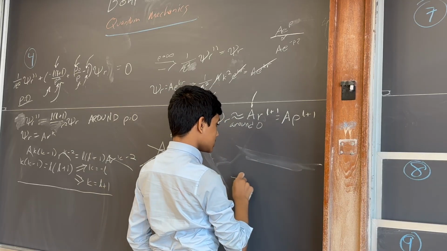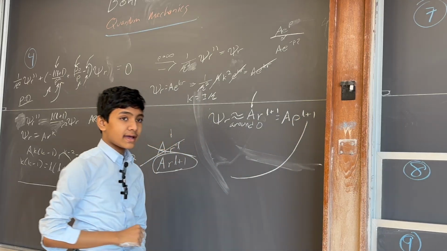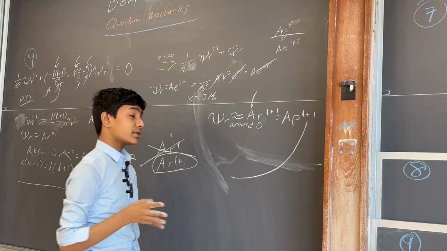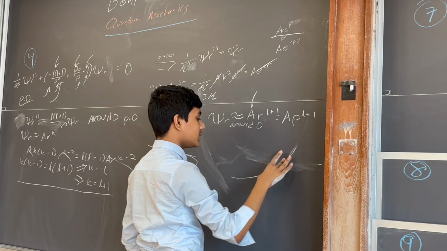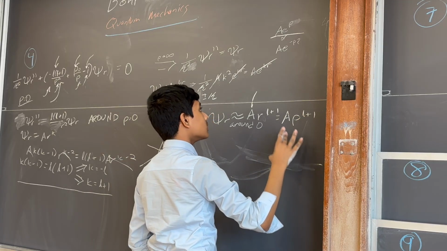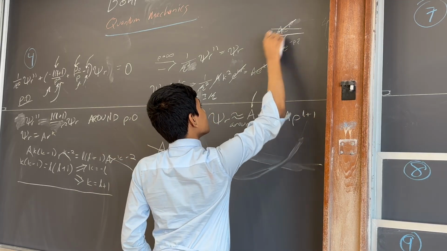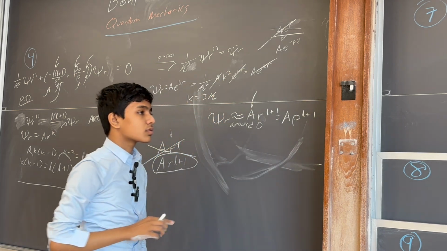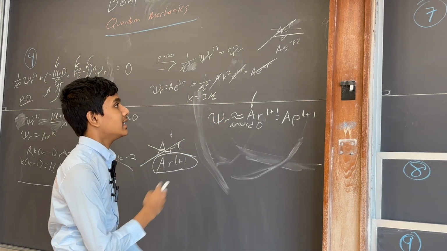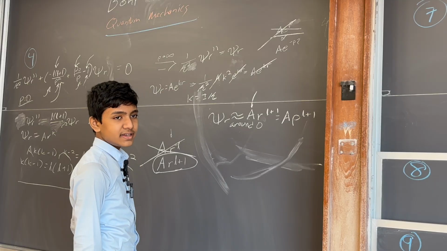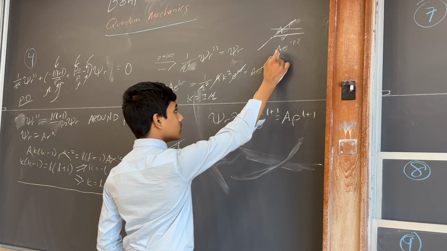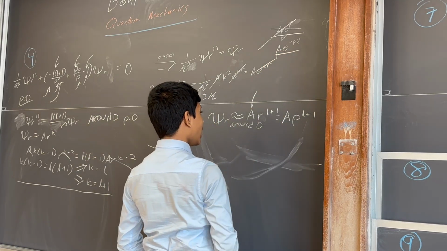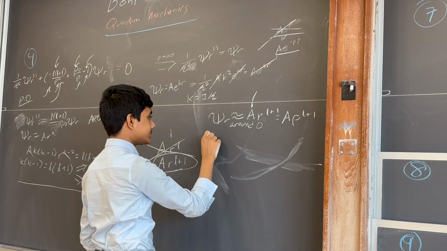It's going to diverge extremely quickly, in fact. So we don't want to use it. That means that since the wave function is going to be non-normalizable if it acts like A e to the rho as rho approaches infinity, then we choose that it acts like A e to the minus rho around infinity.